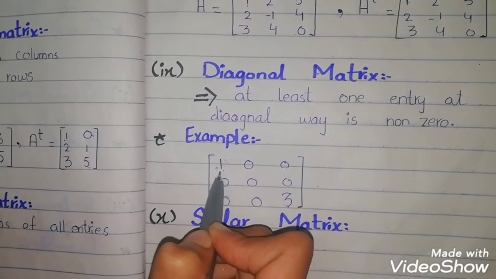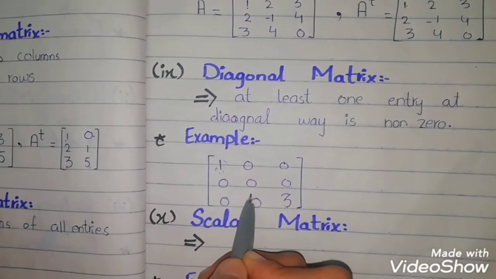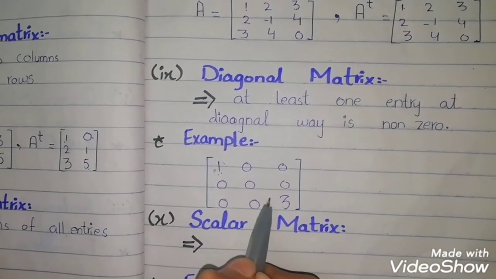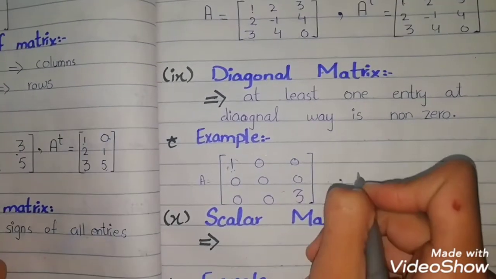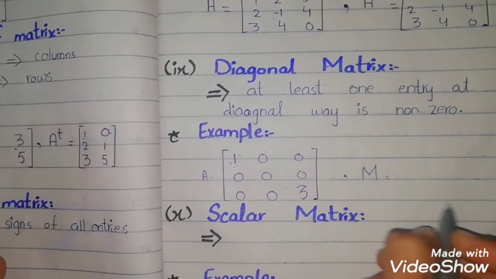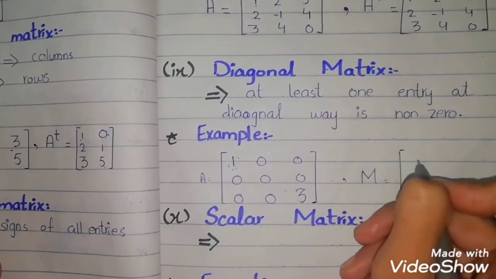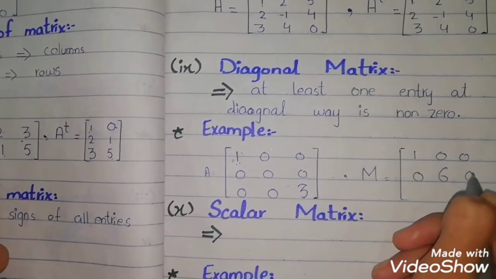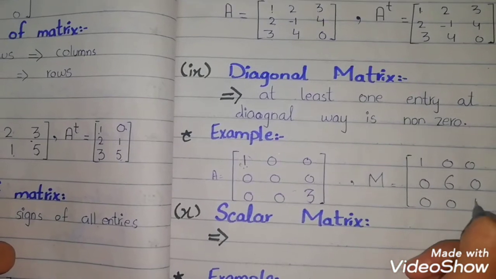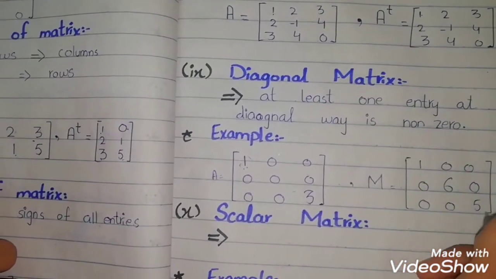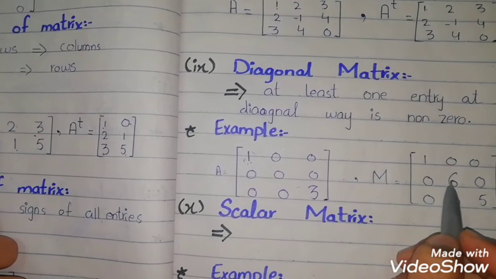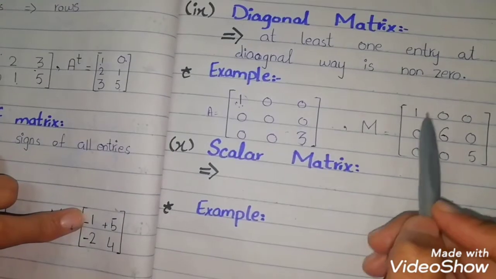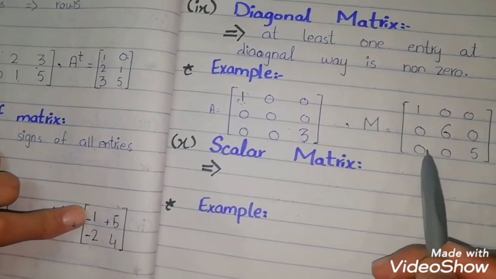There may be also one entry or more than one, but it is necessary that at least one must be non-zero on the diagonal way. Another example, matrix M is equal to [1, 0, 0; 0, 6, 0; 0, 0, 5]. It is also called diagonal matrix because all its diagonal entries are non-zero and all non-diagonal entries are 0.